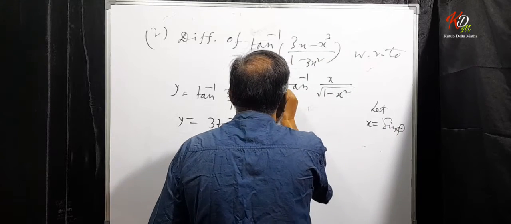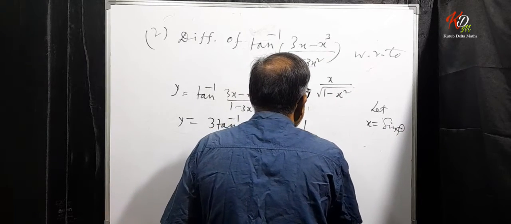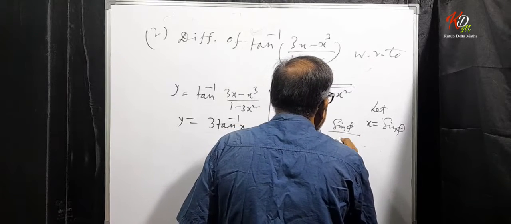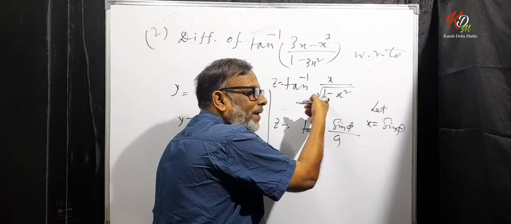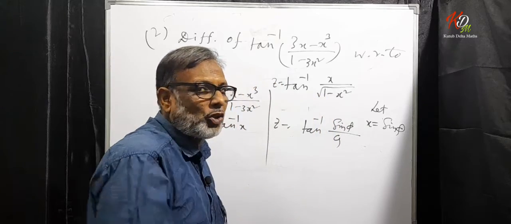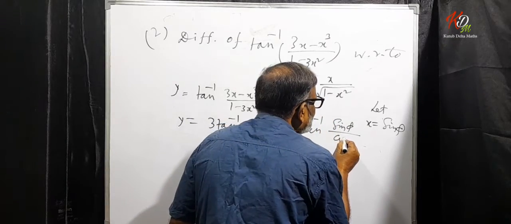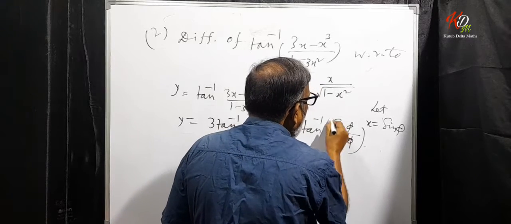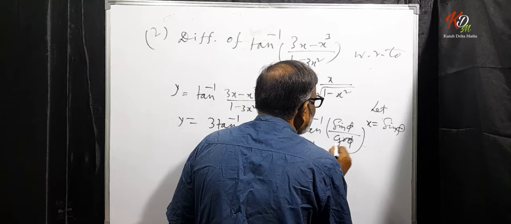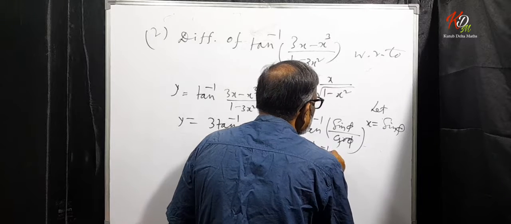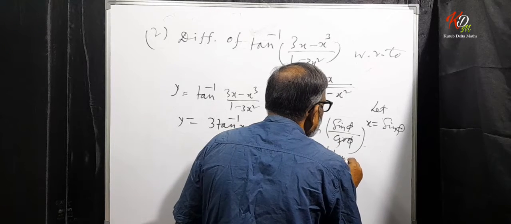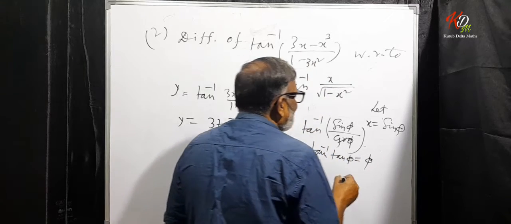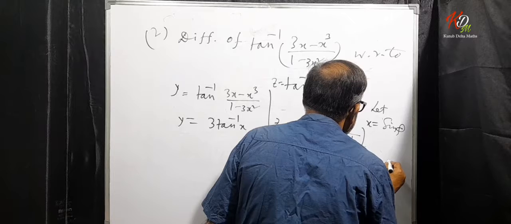Then z equal to tan inverse of sin phi by root under 1 minus sin square phi, that means cos phi, so tan inverse tan phi equal to phi. Phi means sin inverse x.